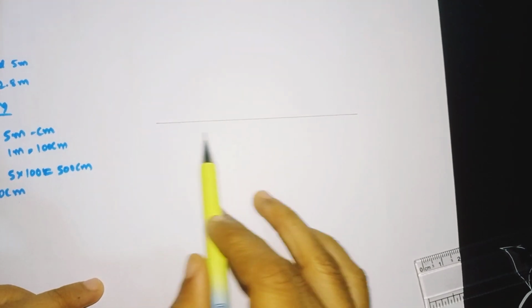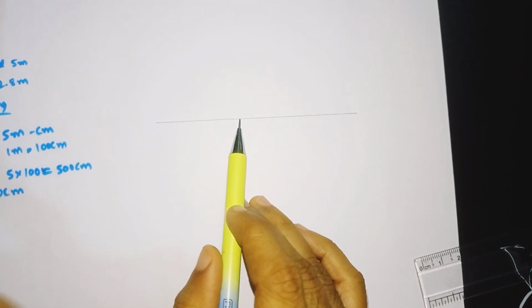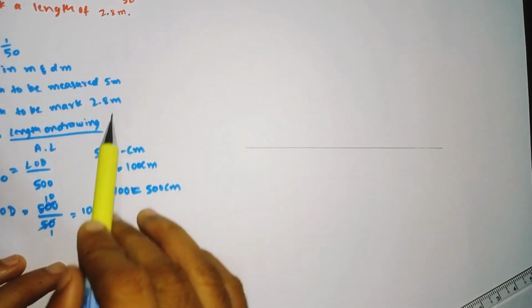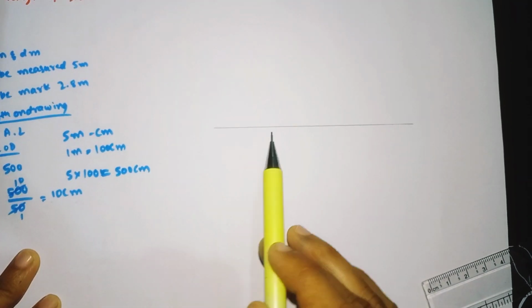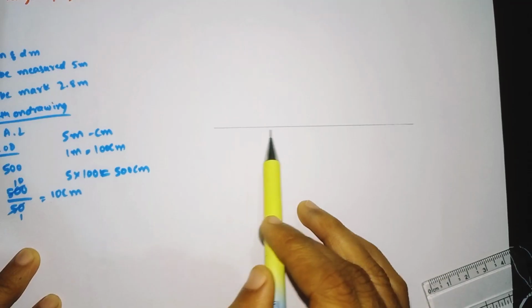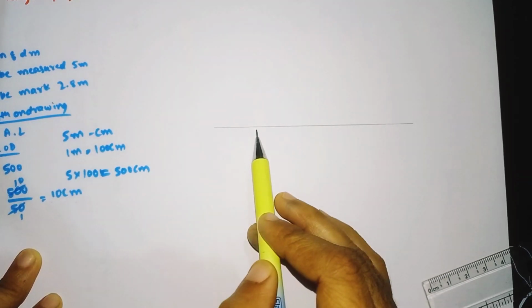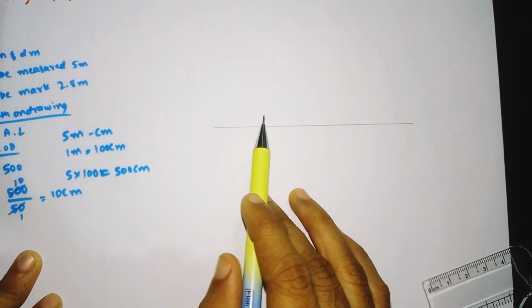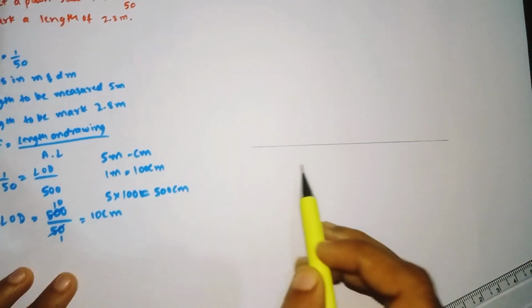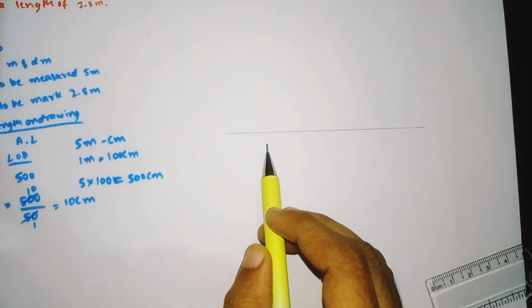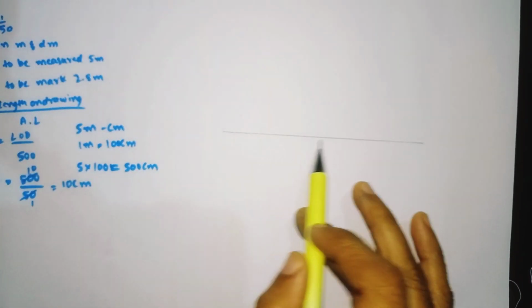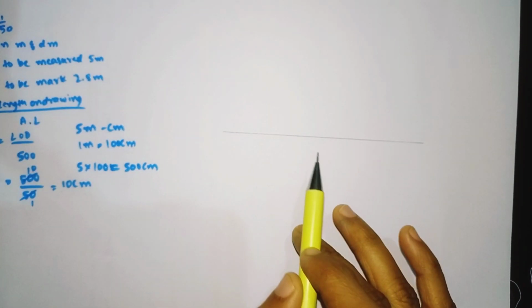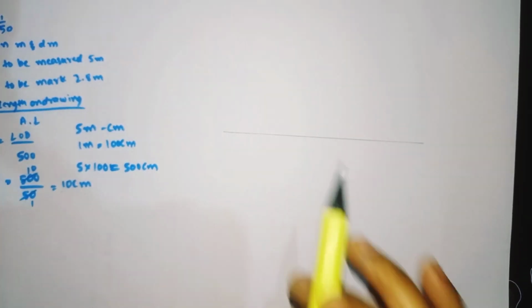So whatever the line you are seeing, it should be measured at least up to 5 meter including the decimeter. The scale should measure at least up to 5 meter including the decimeter marking also. To show 5 meter on this line, I have to divide it into 5 equal parts.